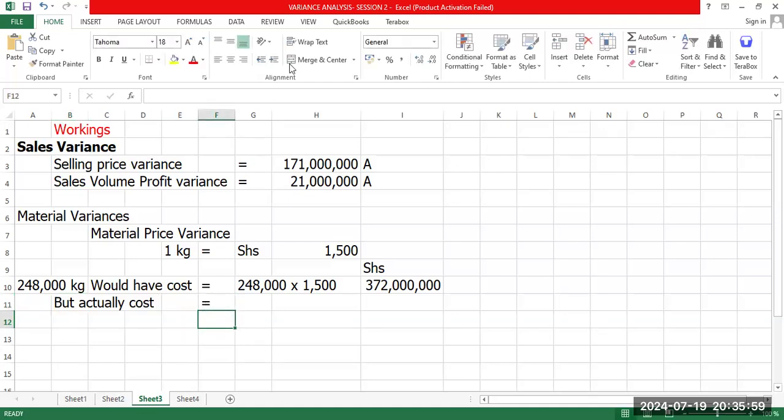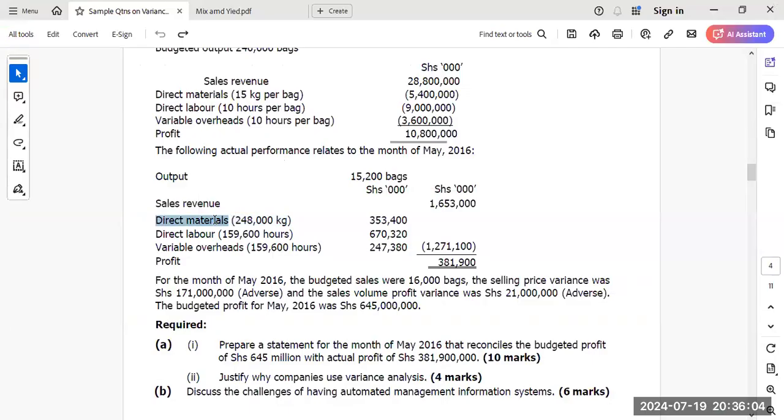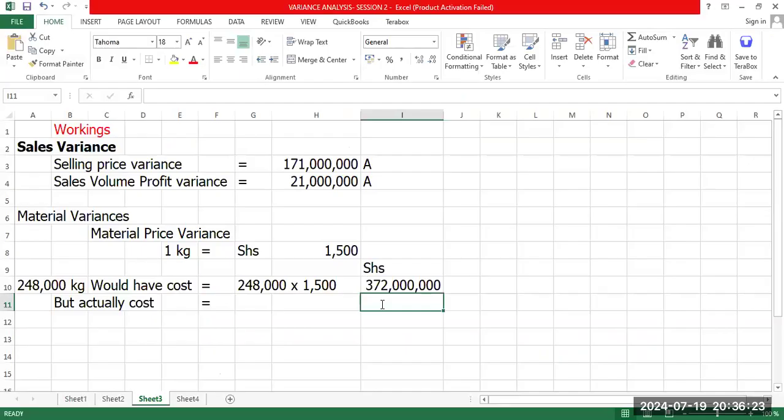If you go to the additional information, to the actual information, these direct material costs were at how much? This is the figure. Are you seeing that? So you're going to write 353,400,000.